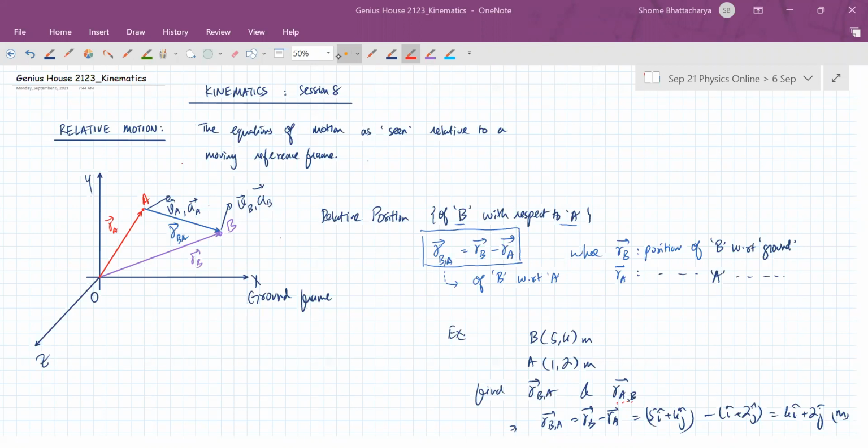Right, that's correct. Okay. So one thing you'll observe is that always rAB is minus of rBA, because the definition is only that way.